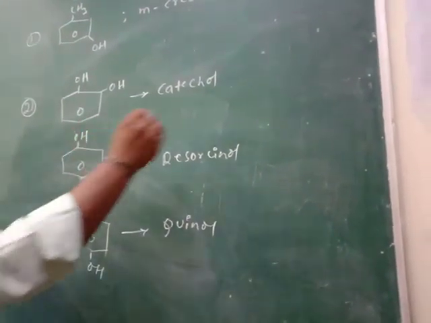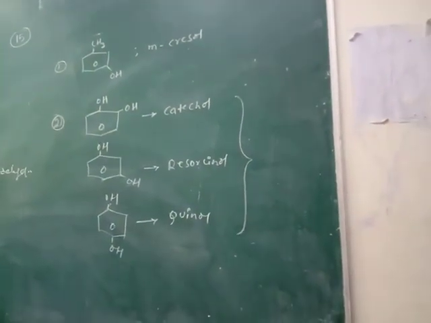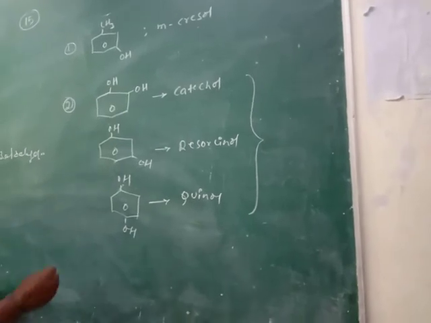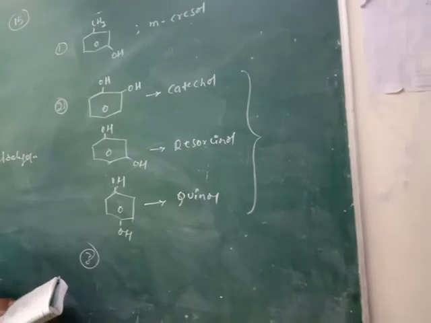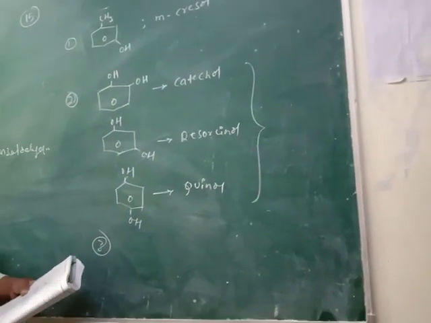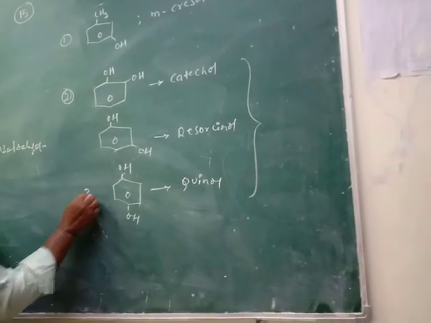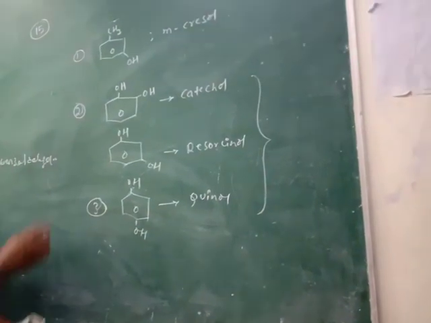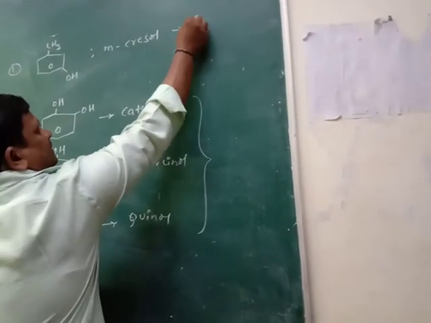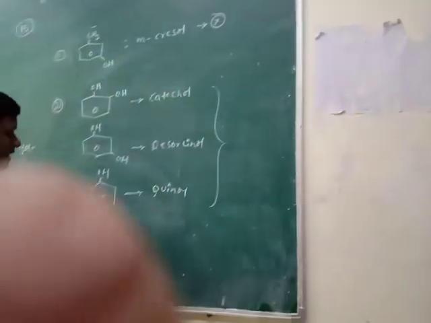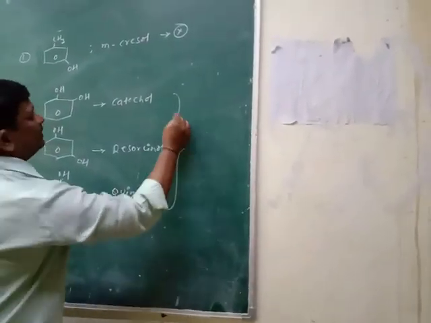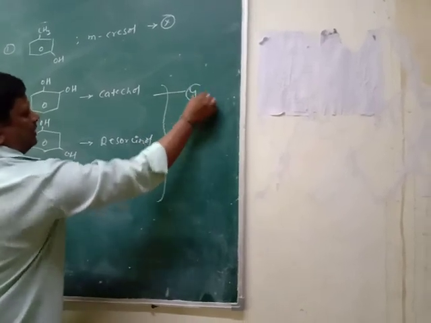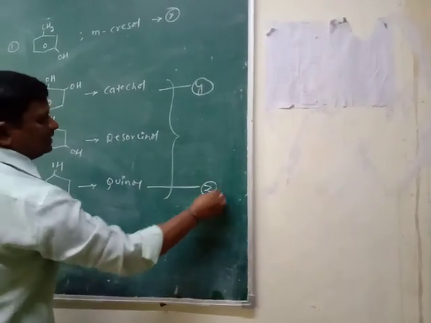So these three are catechol, resorcinol and quinol, meaning benzene with 2 hydroxy groups. Number 3 is quinol. So it is X, resorcinol is Y and it is Z in the given compounds.